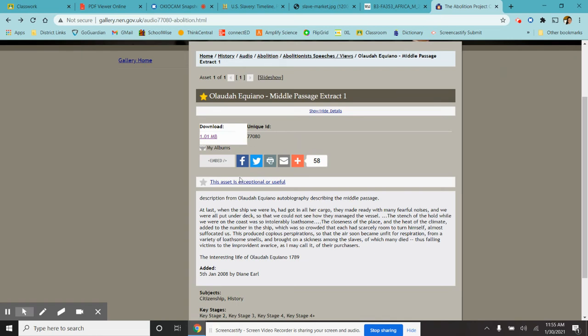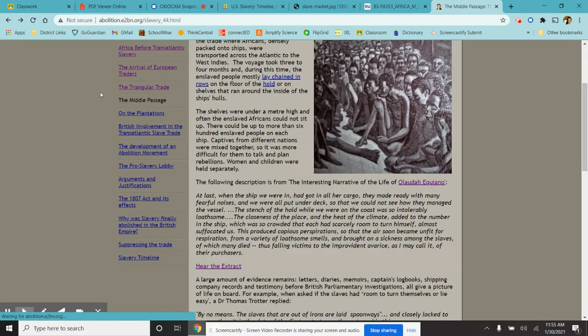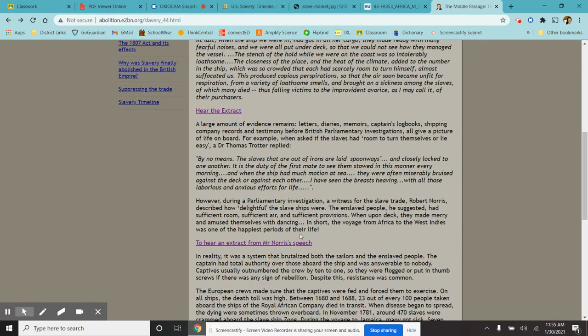All right, and so another excerpt, this is very interesting. Eventually there were deliberations at the British Parliament investigating the conditions, and different people explained that the slaves are treated very well, the slave ship isn't bad.